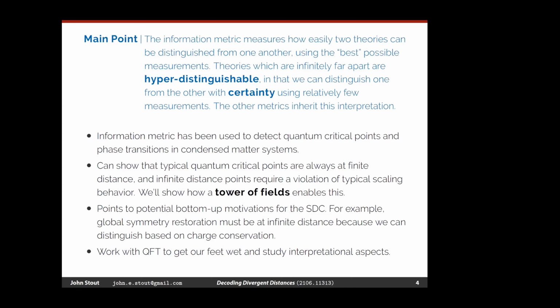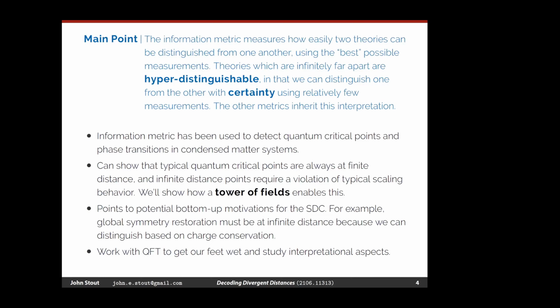One of the ways you can get this violation is by having a tower of fields, as we might expect from the emergence proposal. And so we can use this interpretation of the Zamolodchikov metric and the moduli space in terms of this information metric as a way of getting a better bottom-up understanding of what the swampland distance conjecture is telling you. These points are at infinite distance because they represent qualitatively different theories.